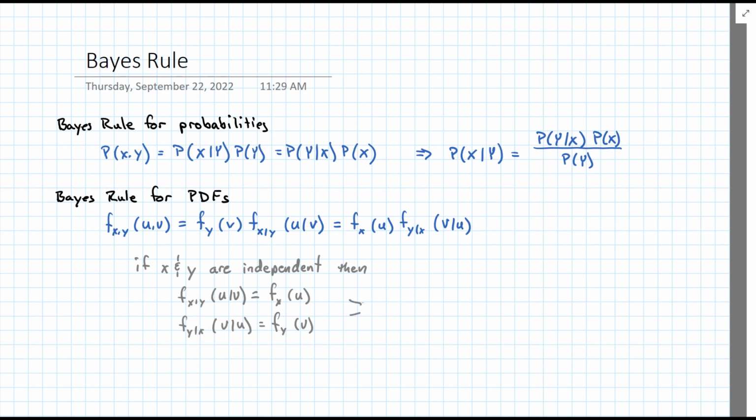Using those either way gives you that f_XY(u, v) is equal to f_X(u) f_Y(v), and that's not a surprise. We've seen that before, but now you can see where it ties in with Bayes' rule.